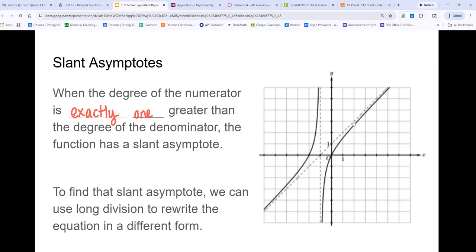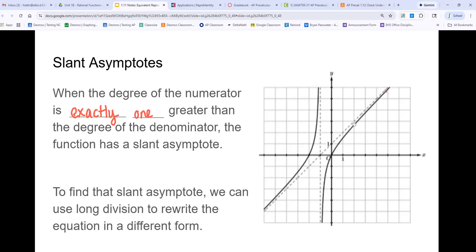To find that slant asymptote, we can use long division to rewrite the equation in a different form. So if you have a function where x to the 4th is your highest power in the numerator, and x to the 3rd is the highest power in the denominator, then that function is going to look something like this, where you have a slant asymptote.